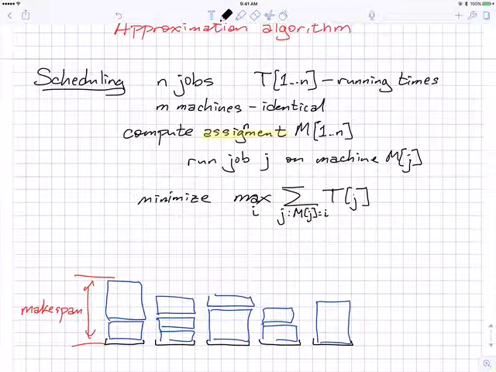I'm assigning jobs to machines. I should set up a bipartite graph where the machines are on one side and the jobs are on the other, and I want to compute some minimum cost matching. All I have to do is figure out, oh God, that objective function isn't linear. Crap. No, this is not going to work. This problem is NP-hard.